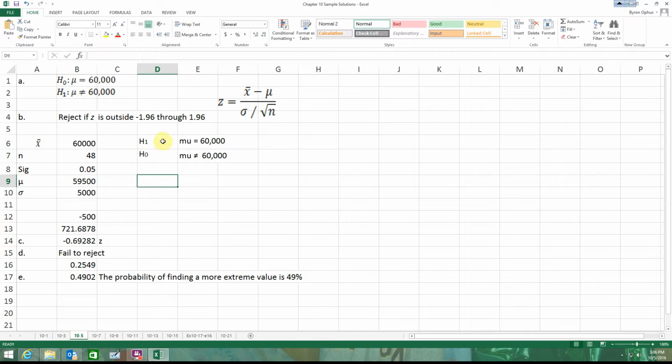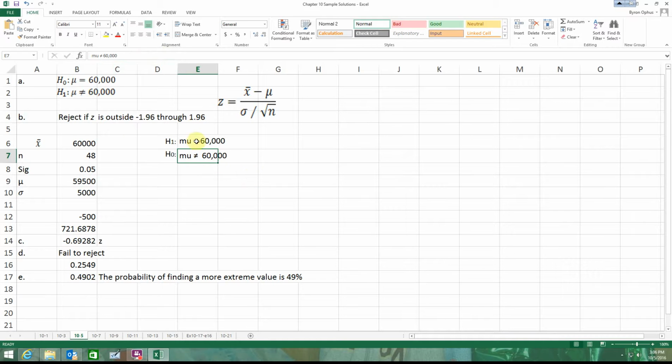I could put colons in there too. There we go. So my H sub 1 is that mu is equal to 60,000, and H sub 0 is that mu is not equal to 60,000.